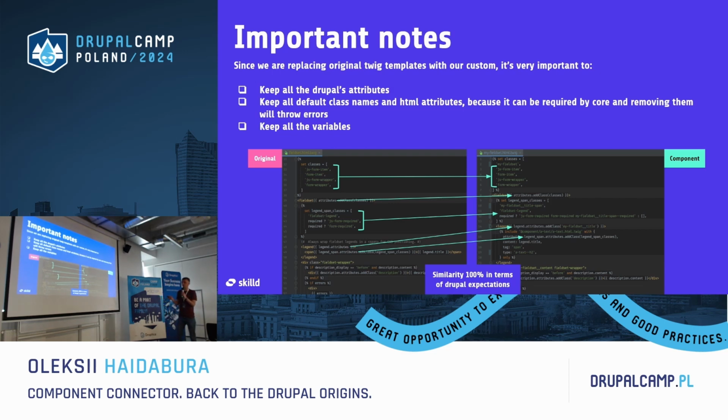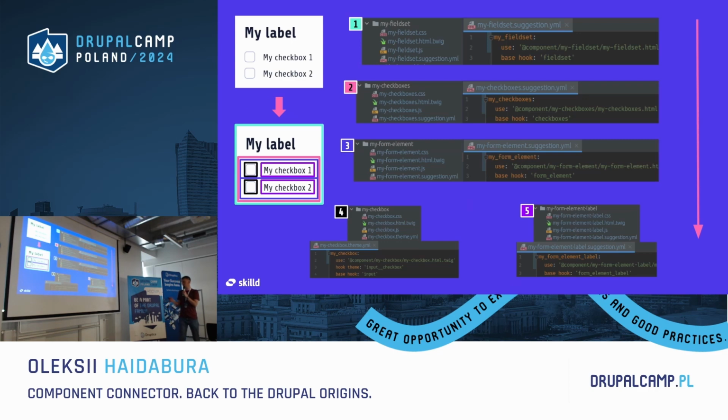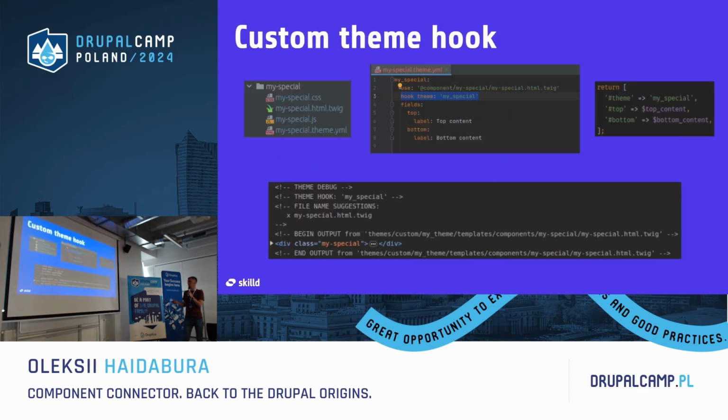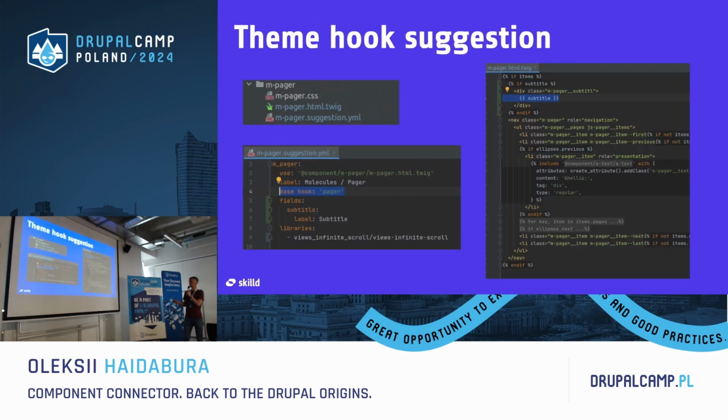So that's why you need to remember that when you are using some custom template, you need to really be careful and use all variables, for example, which come to this same hook. By the way, that's a cool example, I forgot.